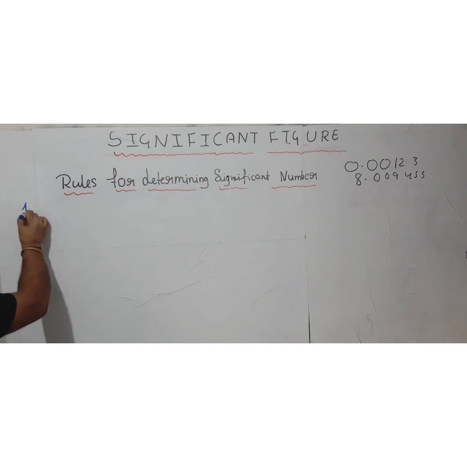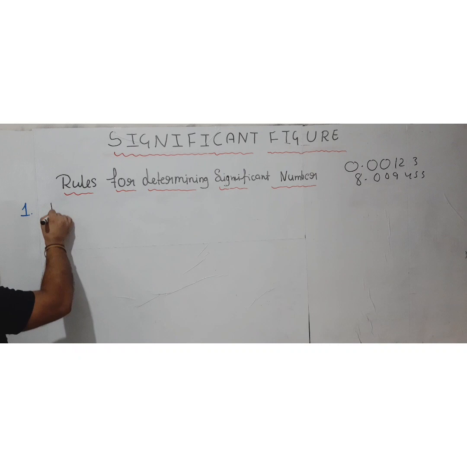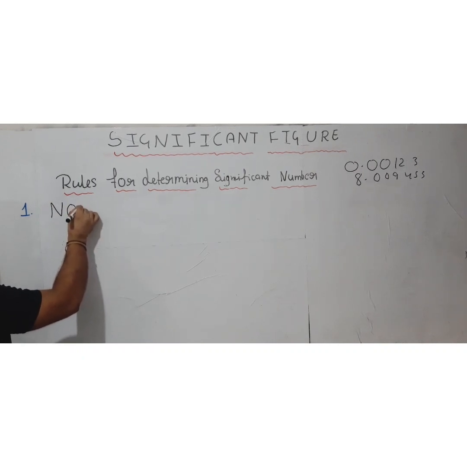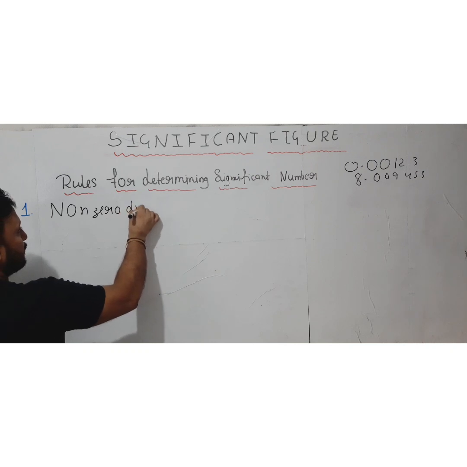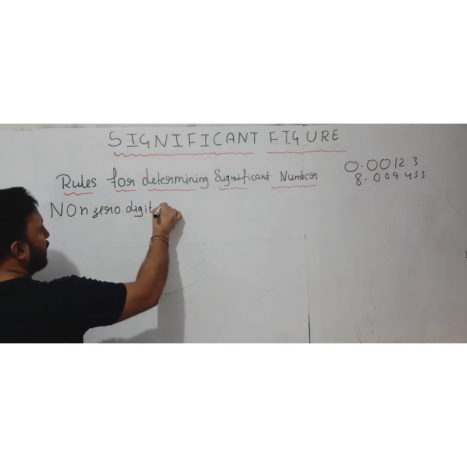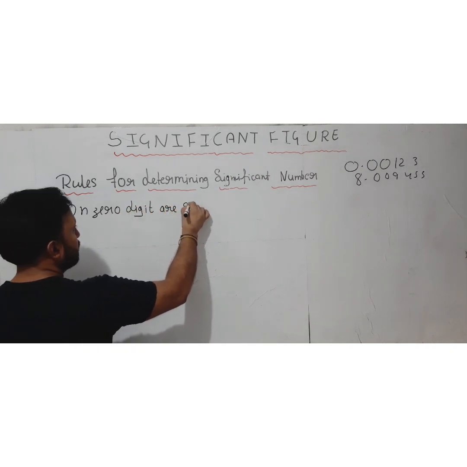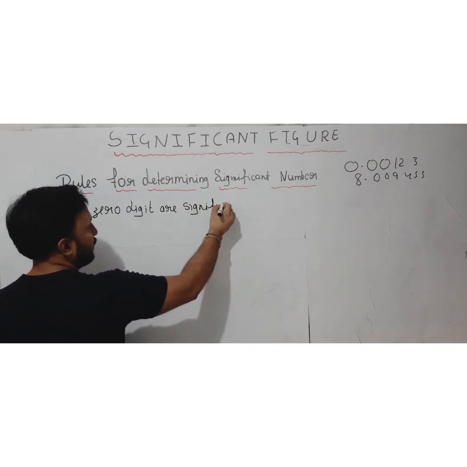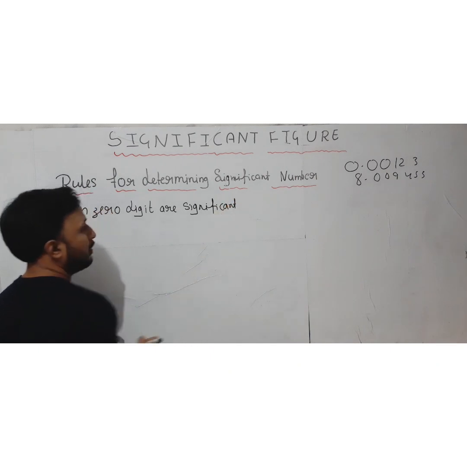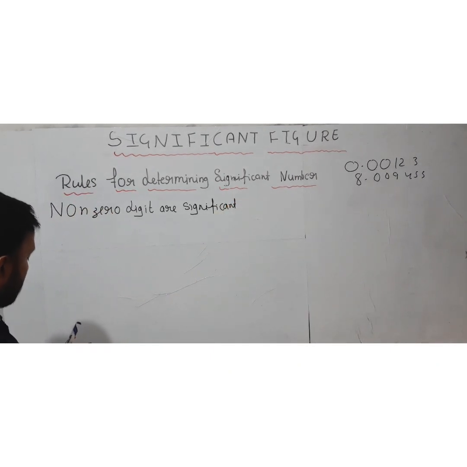So first rule is that all the non-zero digits are significant. All the non-zero digits are significant. Okay, it means I am giving you an example.